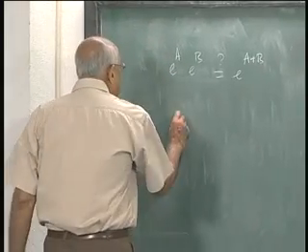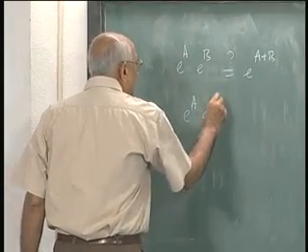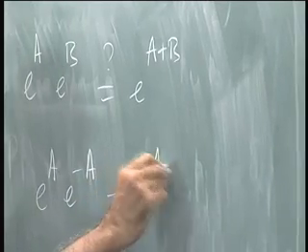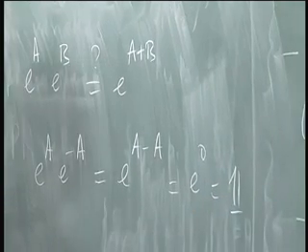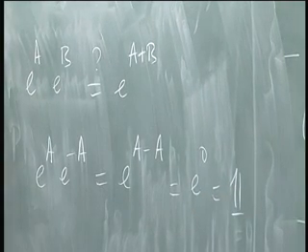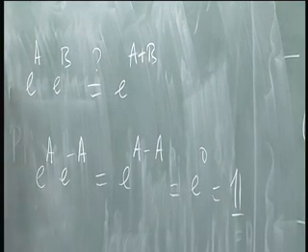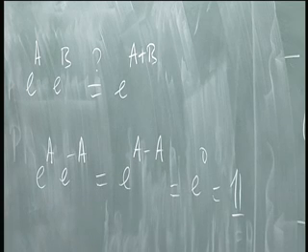But of course this is true, e to the a, e to the minus a equal to e to the a minus a equal to e to the 0. That is certainly true, because a and minus a commute with each other.